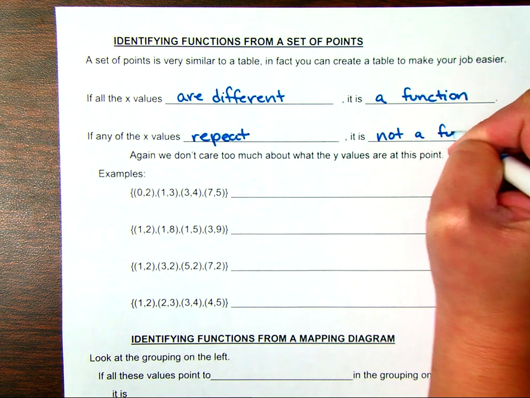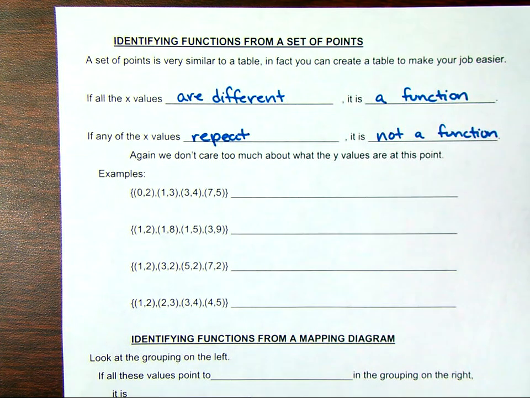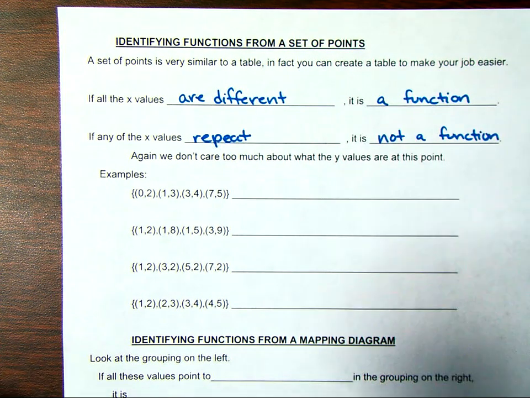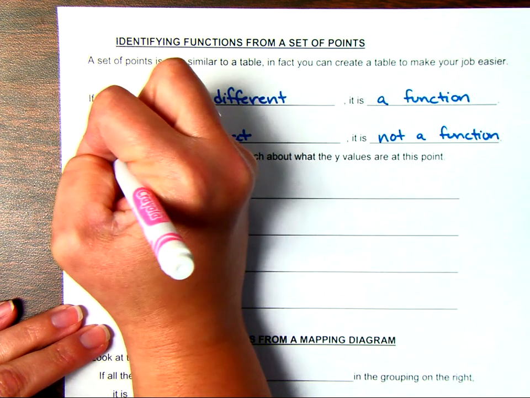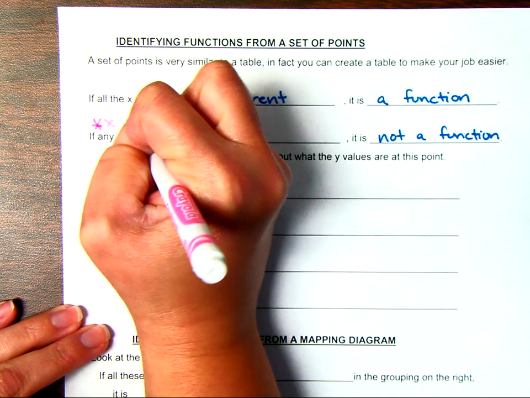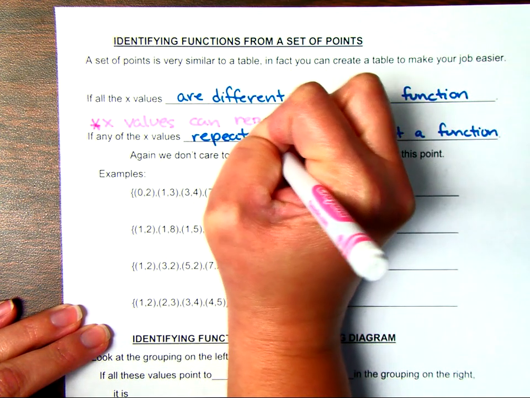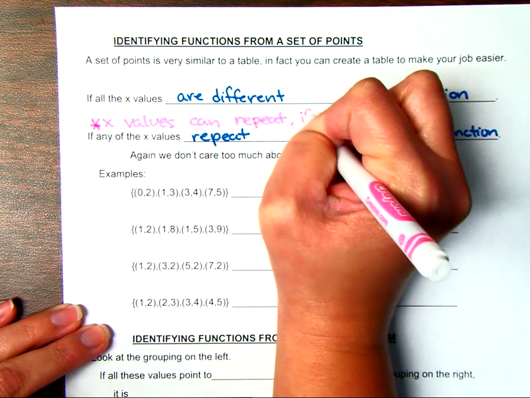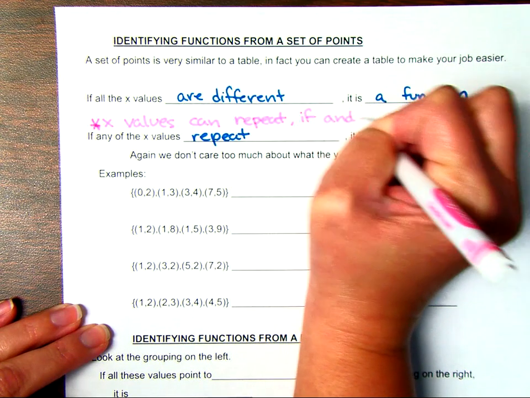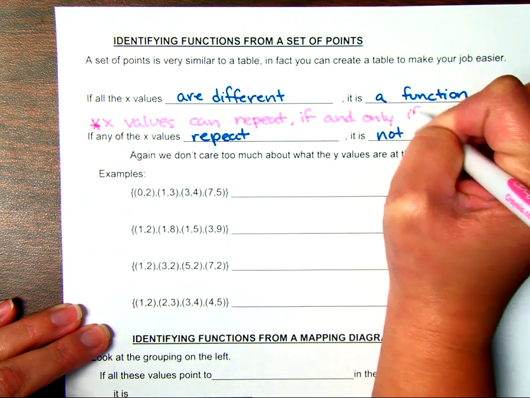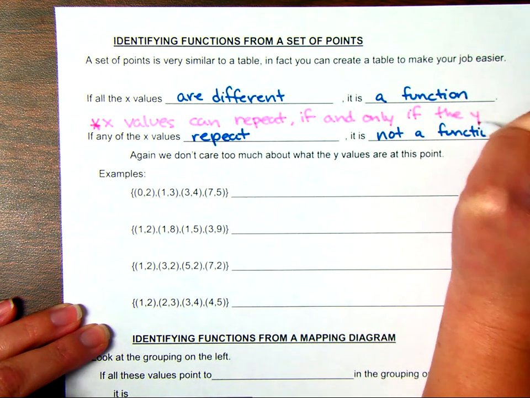But again, that little important side note, I'm going to make a little message right here. The x values can repeat if and only if the y value is the same.